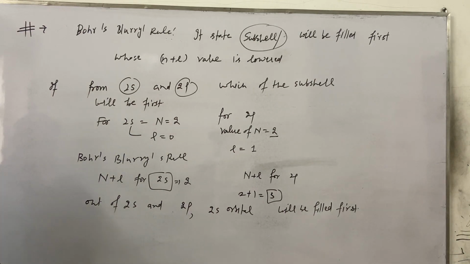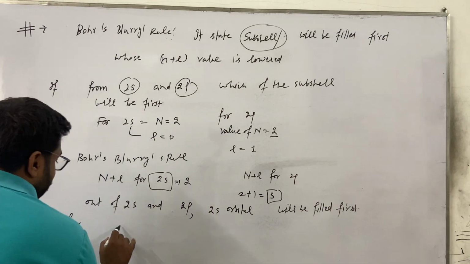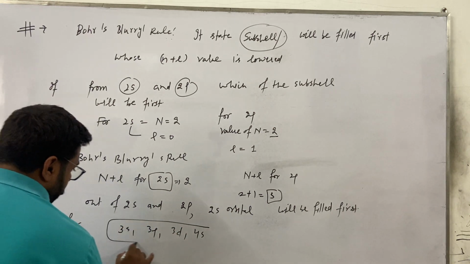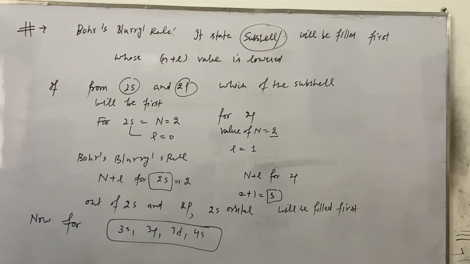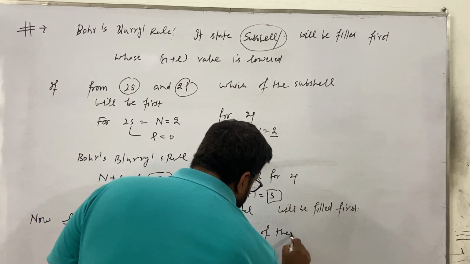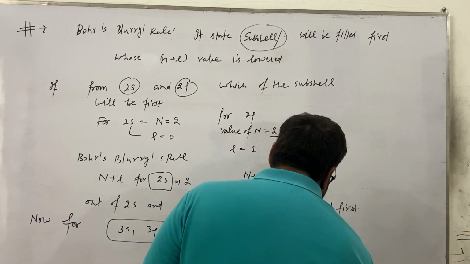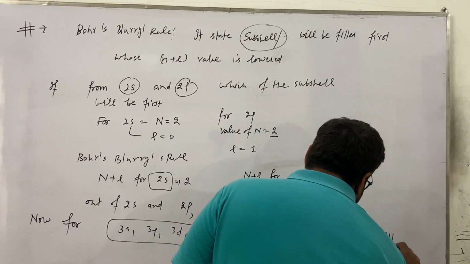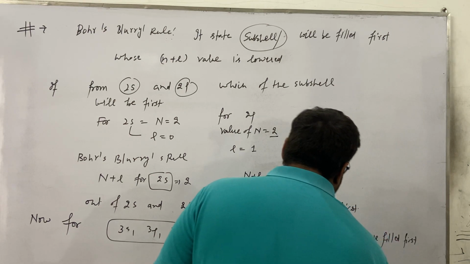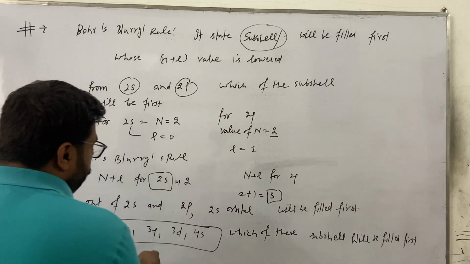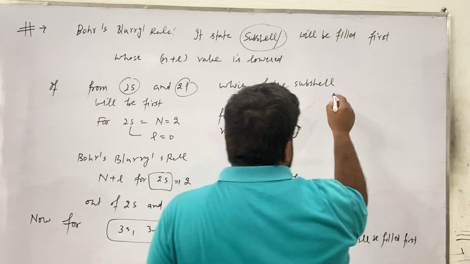Now for 3s, 3p, 3d and 4s, we have to pick which of these subshells will be filled first. Before studying this, we have to study one orbital.